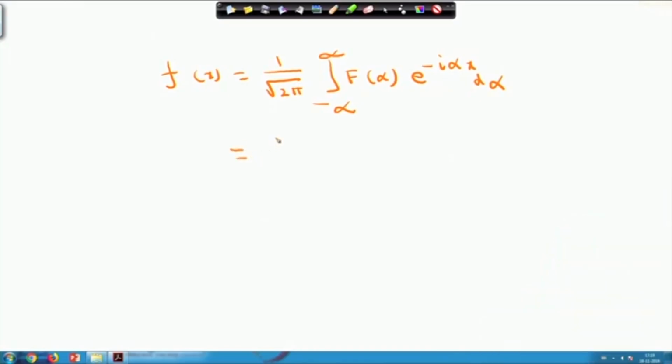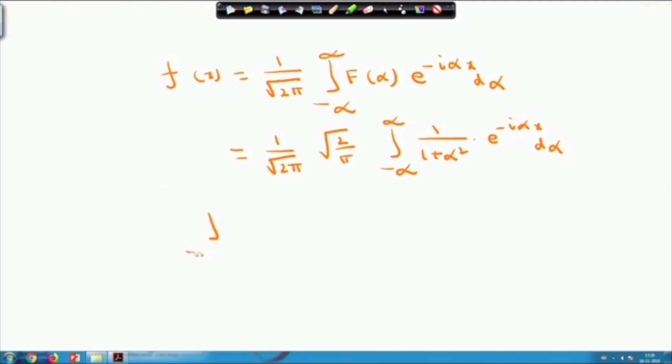Now, substitute the value of f alpha: 1 by root over 2 pi into root over 2 by pi, minus infinity to infinity, 1 by 1 plus alpha square into e power minus i alpha x d alpha.